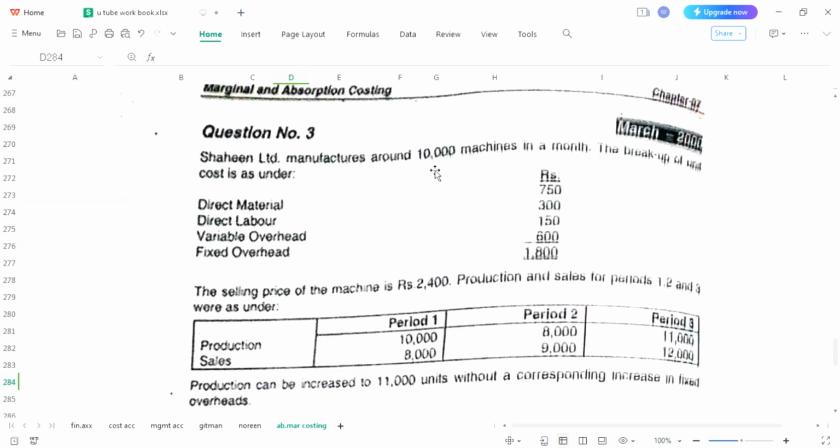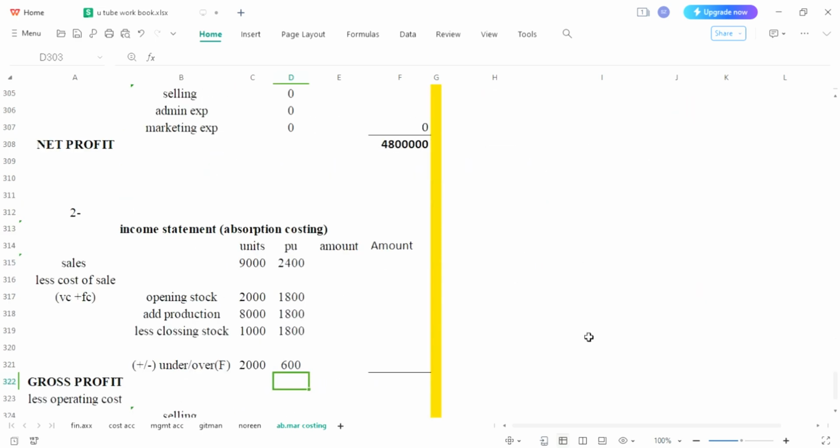This manufacturing concern can produce 10,000 units, but they have produced only 8,000. It means it is under production. For mentioning under production, how much? 10,000 standard, 8,000 actually produced, 2,000 under production. And since under or over applied production is only associated with fixed cost, we have mentioned per unit of fixed cost.